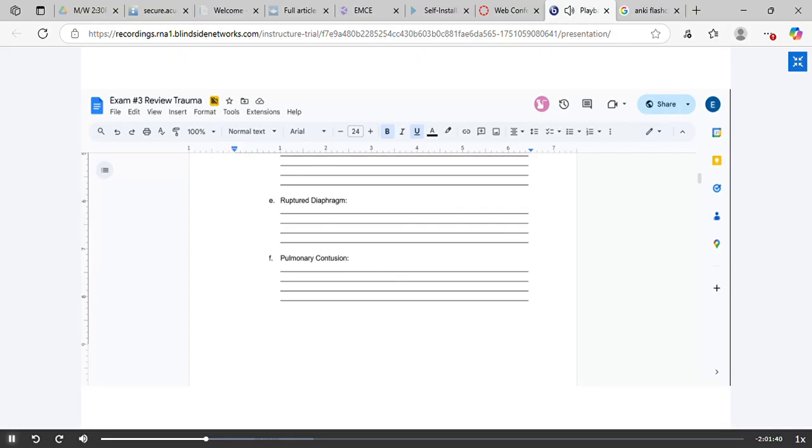But then you can also have a penetrating injury, right? And you got to think of angles, right? Think of your angles. Just because something comes in from one direction doesn't mean that it went straight through. Maybe it was angled at a downward or an upward angle.